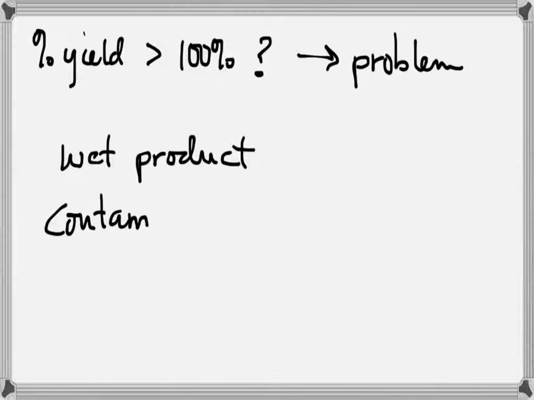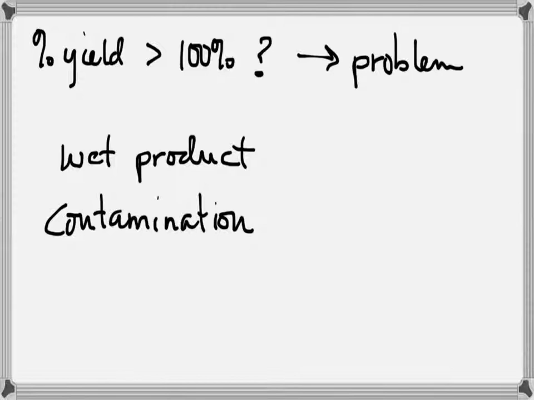You could also get contamination. We separated our product from a solution, right? We precipitated calcium phosphate, and then we filtered it. Well, if we filtered it and the solution that we filtered it from contained a lot of dissolved solids, and we didn't rinse those out of our product, then we could end up with sodium phosphate, or sodium chloride, or other things from our reaction that are in our product.